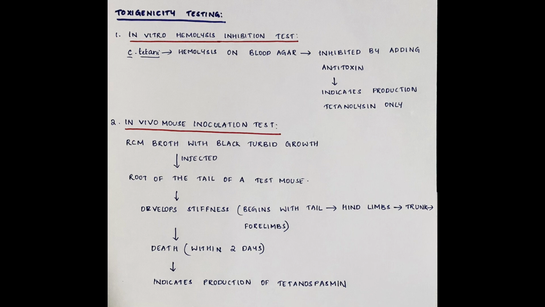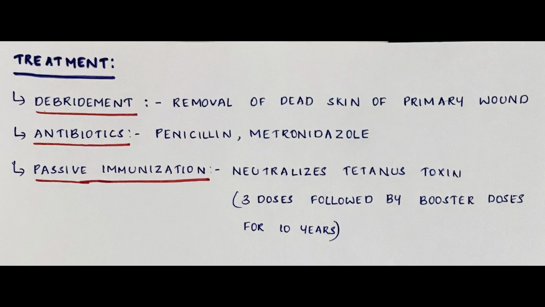Robertson cooked meat broth with black turbid growth is injected into the root of the tail of a test mouse. The test animal will develop stiffness which begins with the tail and then progresses to involve the hind limbs, trunk, and forelimbs. Death occurs within 2 days. This test indicates the production of tetanospasmin.